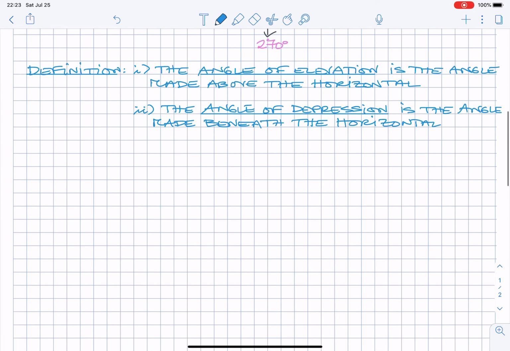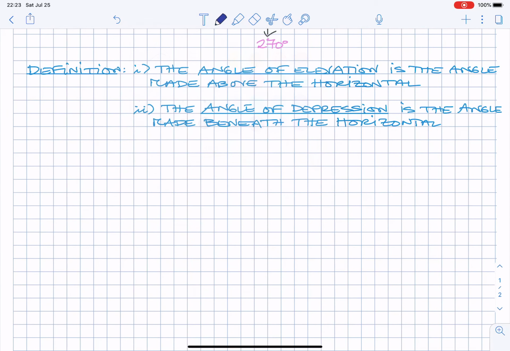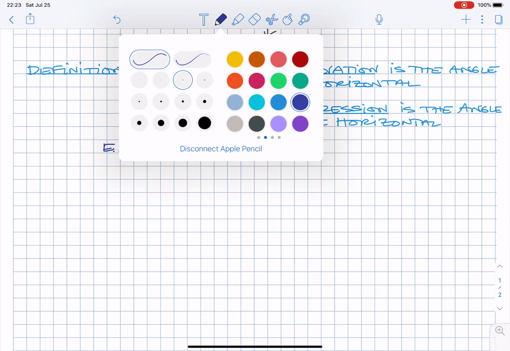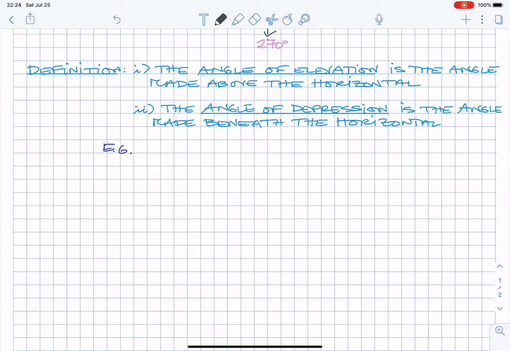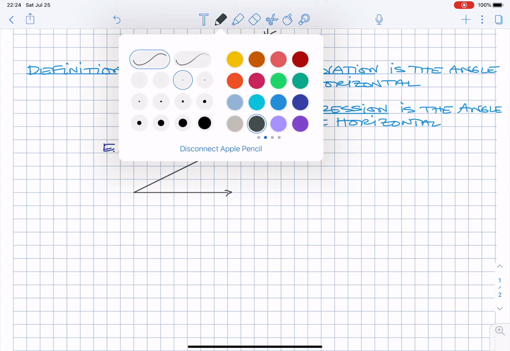Okay, so for example, what do I mean by that? Let's look at 2 cases. The first case, here's a horizontal ray and let's have this angle alpha.